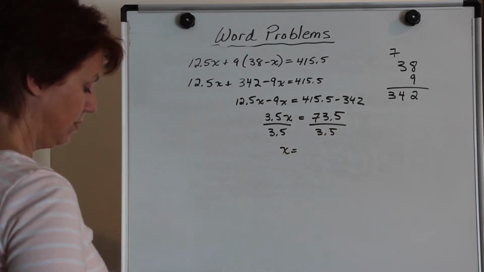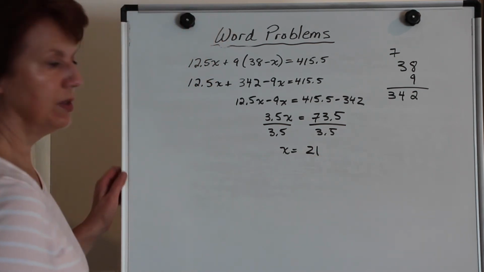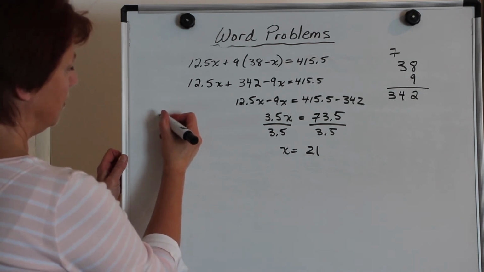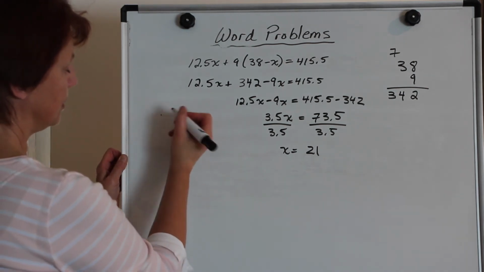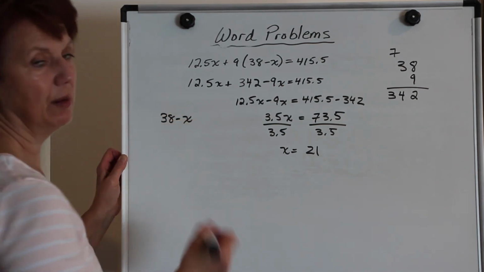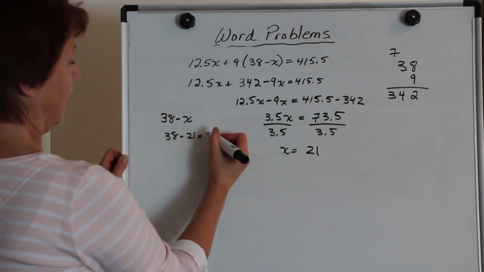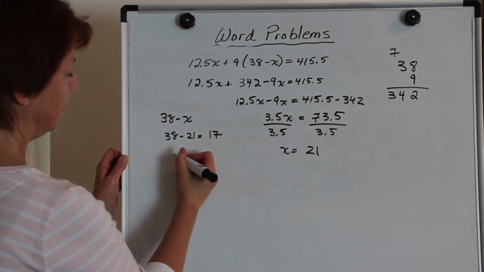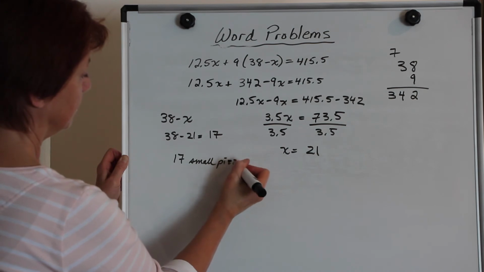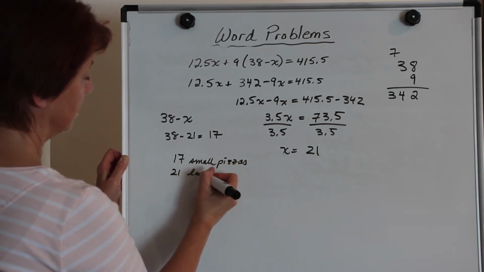And we get 21. So recall that 21 was the number of large pizzas sold, and the number of small pizzas sold was 38 minus the number of large pizzas sold. So if we go 38 minus 21, we get 17. So we have 17 small pizzas and 21 large pizzas.